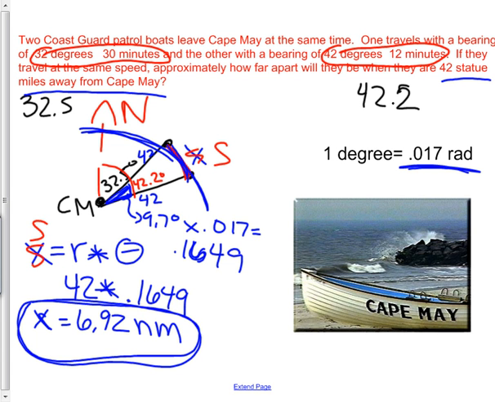Oh, yes. So then the rate, which is 42, or the radius, which is out to the circle, times theta. Okay. So I got 9.7 degrees in the triangle. Yep. Times by 0.017. That's converting it from degrees to radians.